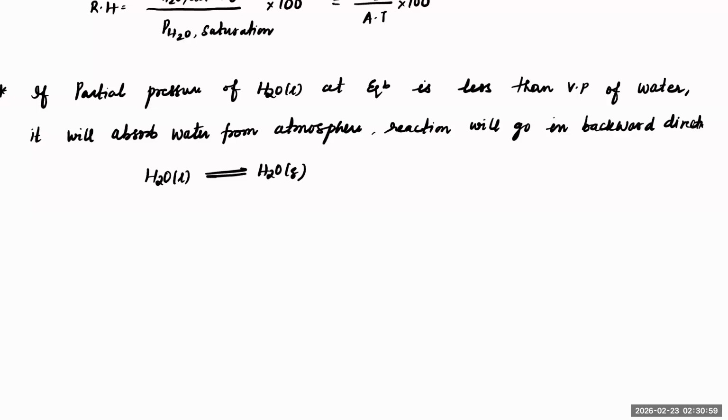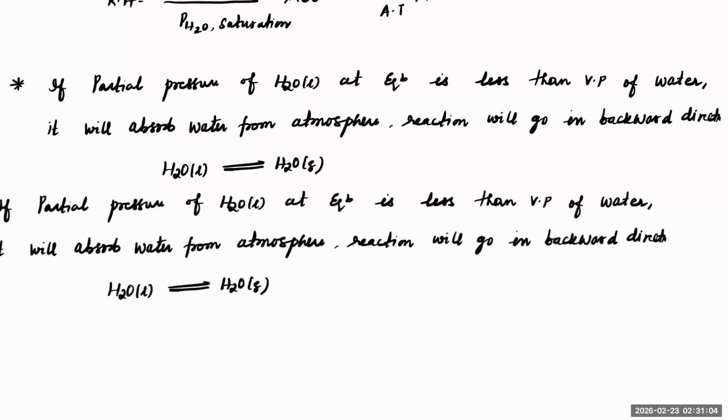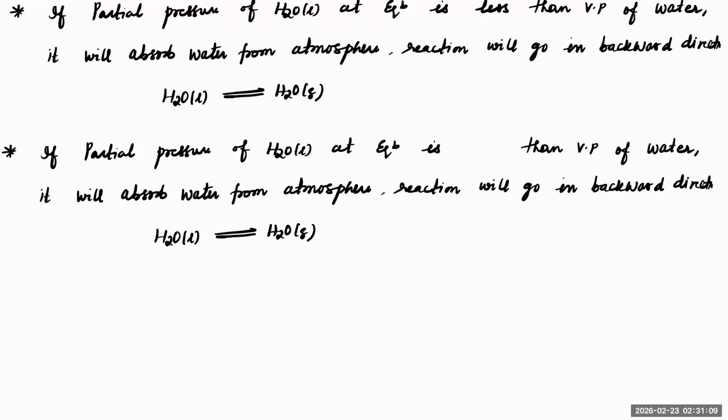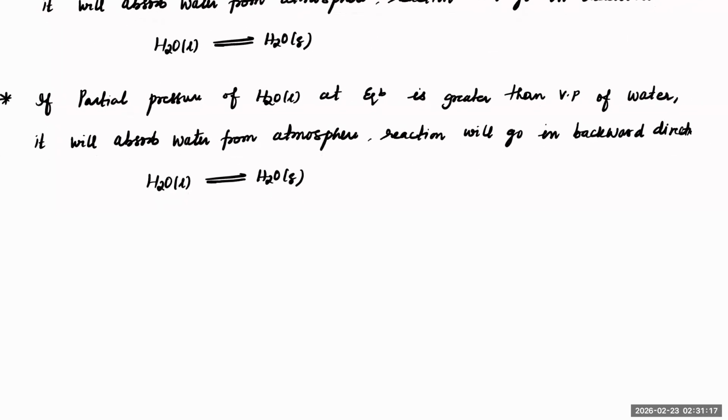Got it? Now, same statement, let me rewrite once again. For the same equilibrium, everybody, if it is greater than the vapor pressure of water, then in that case, it will release water into the atmosphere, release water to the atmosphere in the form of vapors, and the reaction will go in the forward direction.